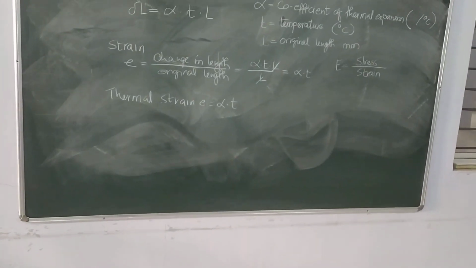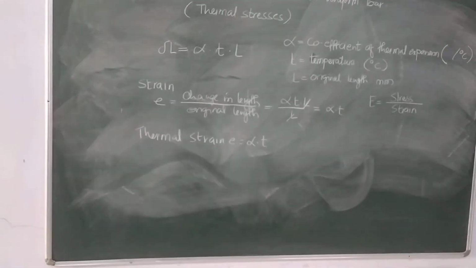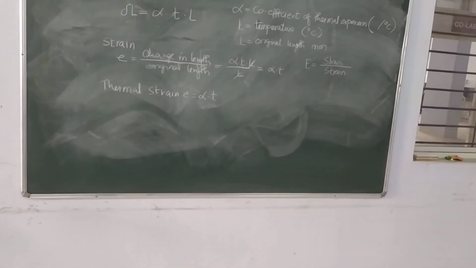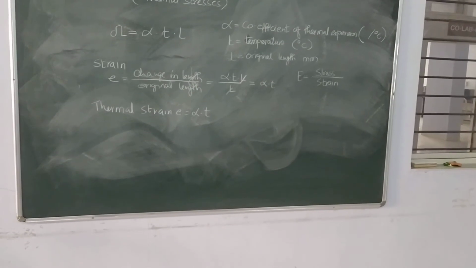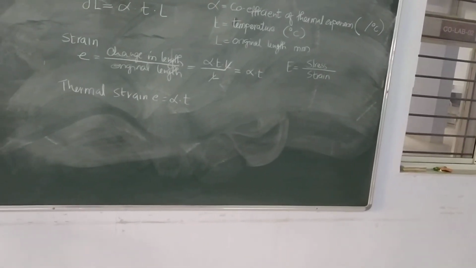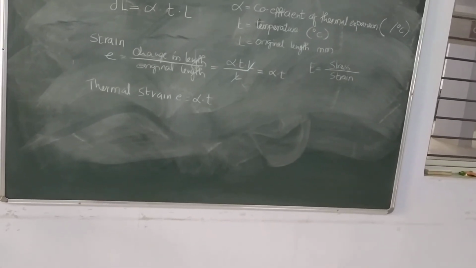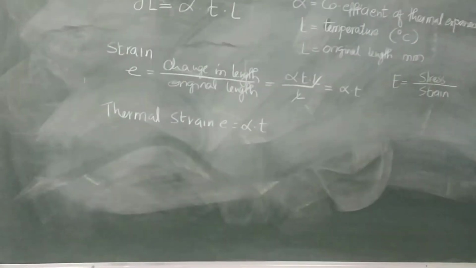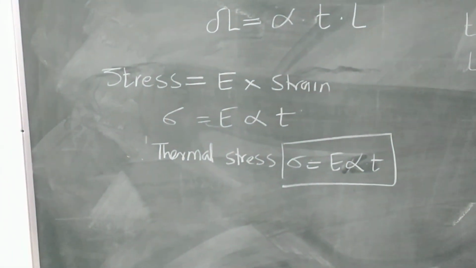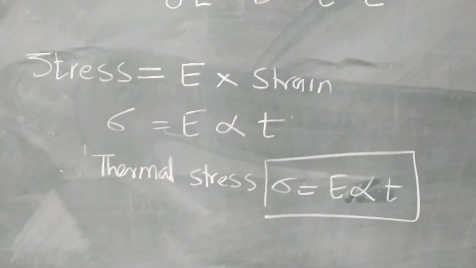Now, we know Hooke's law that states within elastic limit stress is directly proportional to strain, and Young's modulus is equal to stress upon strain. So, stress is nothing but Young's modulus into strain. According to Hooke's law, stress is equal to Young's modulus into strain.